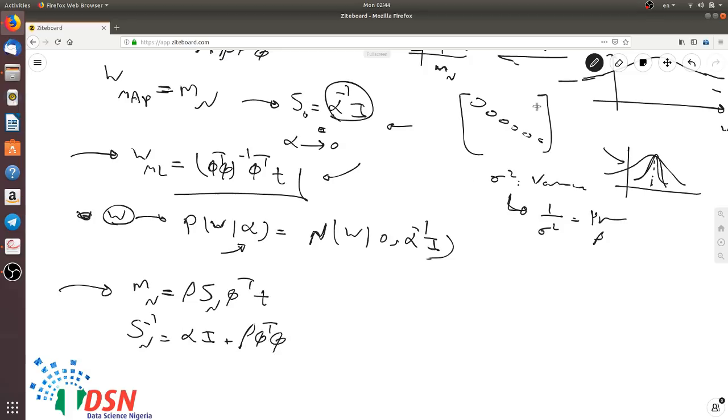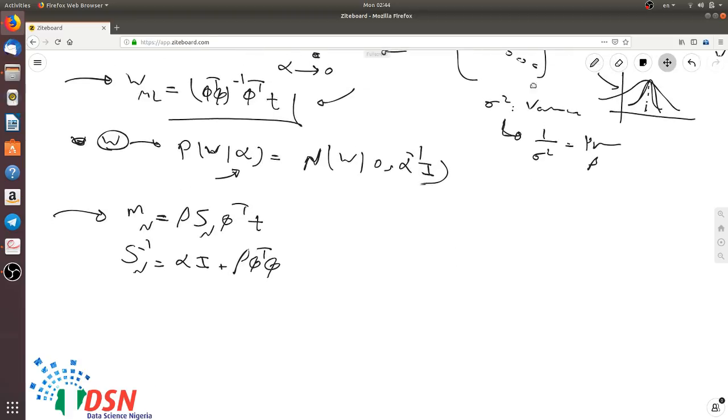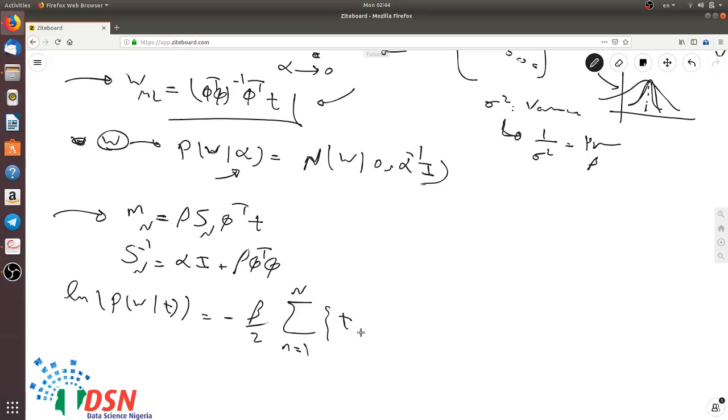So if we take the log, it is equal to minus beta over 2 sum, and this actually gives us a very interesting result.